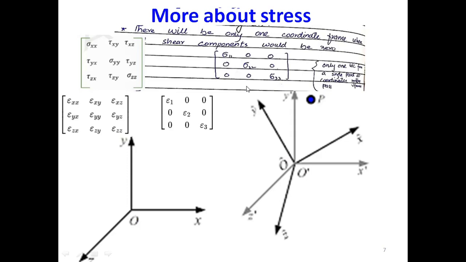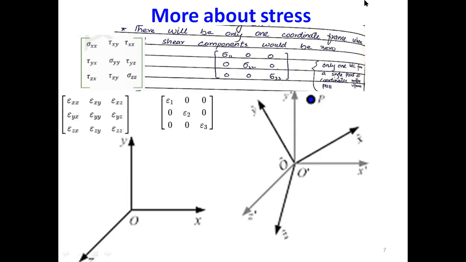So that particular coordinate frame is known as the principal frame, and the corresponding axes in that frame are known as principal axes, and the corresponding normal stresses are known as principal stresses. And among these principal stresses, one or two would be maximum, and that would be the maximum stress at that point in the material based on that coordinate frame.